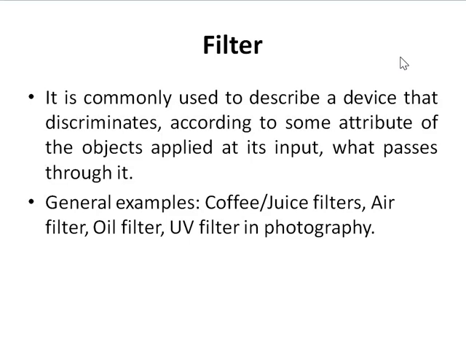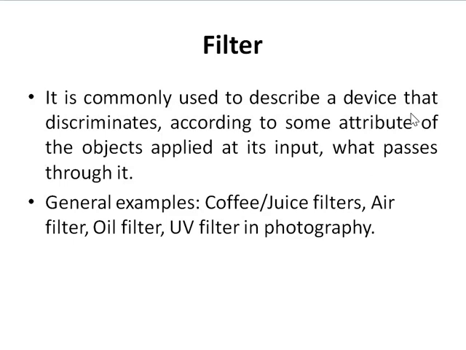So the general examples here, we may take coffee or juice filters, air filters, oil filters, UV filters in photography. Suppose you consider one juice filter, that filter passes only the desired juice, not the undesired pulp. Coming to the air filter, that filters the air from the dust particles that are present in the air.